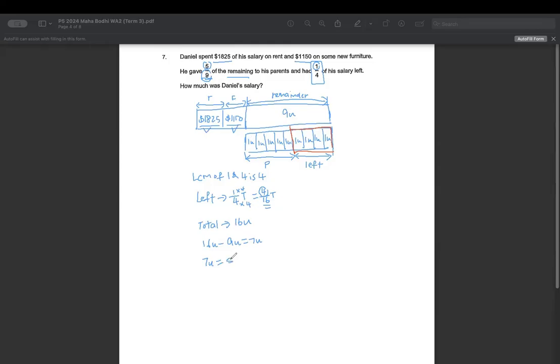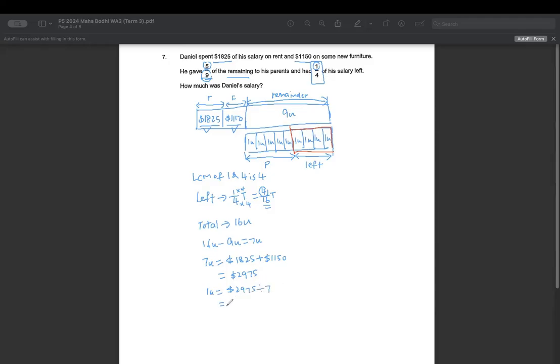So 7U is equal to $1,825 plus $1,150. Key into your calculator, you will get $2,975. Always we have to find 1 unit, so you take $2,975 divided by 7.